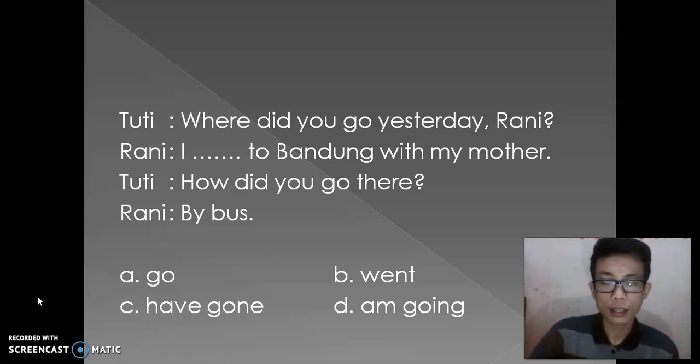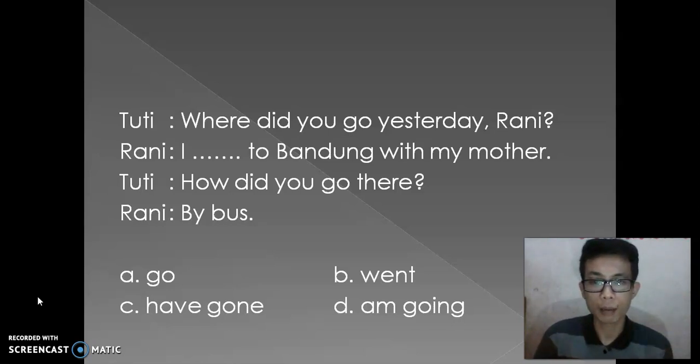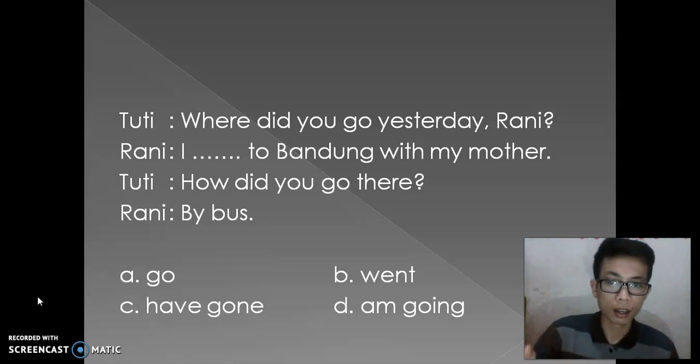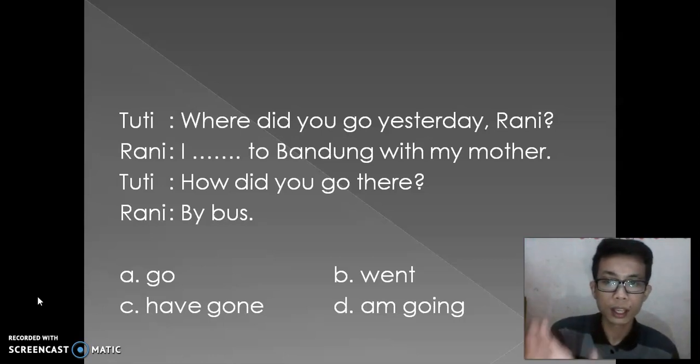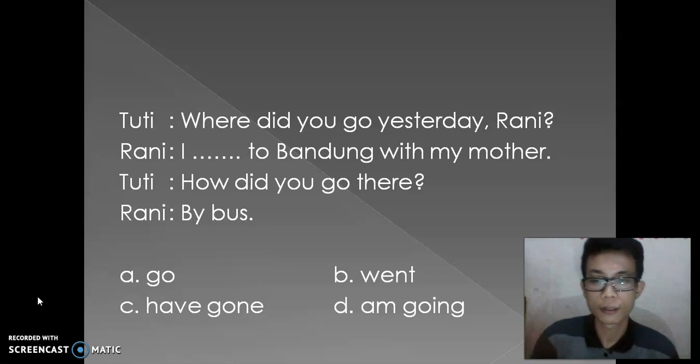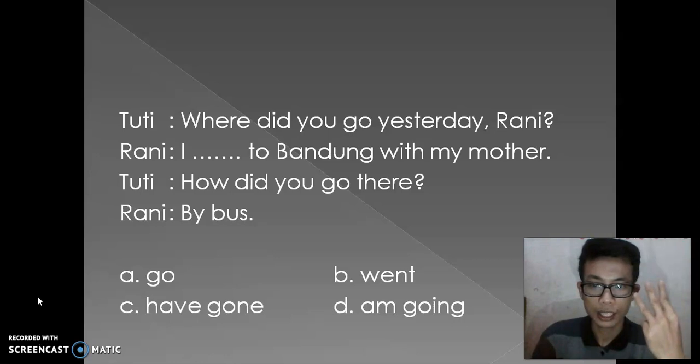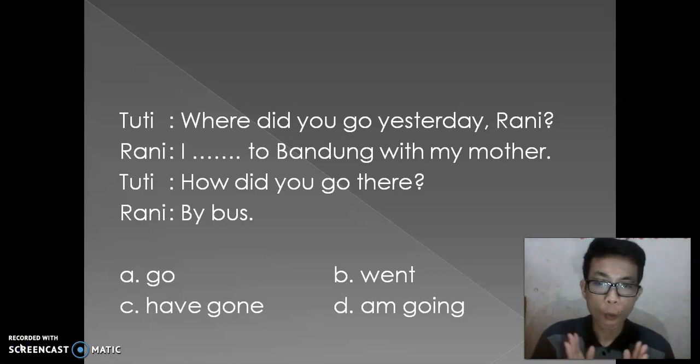When Rani answers the first, there's a blank, a space to add some word there. There are 4 options after the conversation. Which one is the best answer to fill the blank in Rani's first answer? Come on. 1, 2, 3. Alright, so the answer is went.